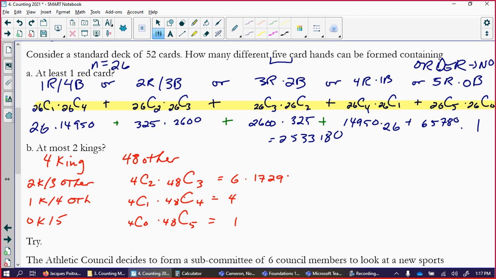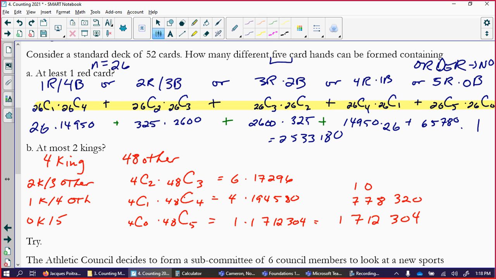17,296. 194,580. 1,712,304. That's 6 times 17,296.